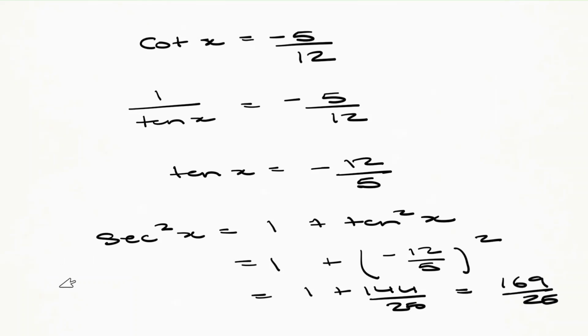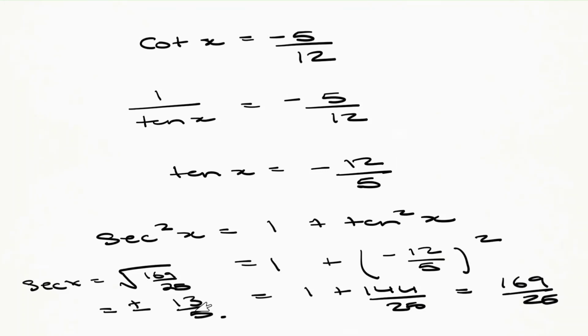So that means that the secant will be the square root of 169 on 25, which is equal to, again, plus or minus 13 over 5.